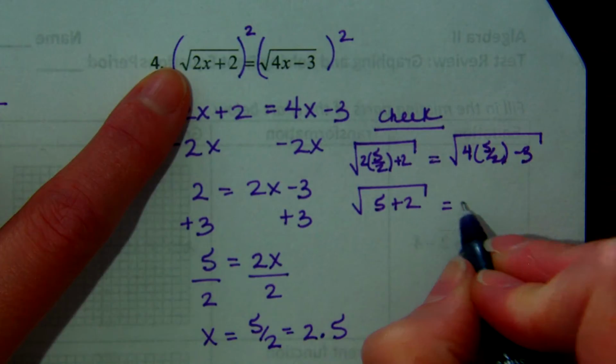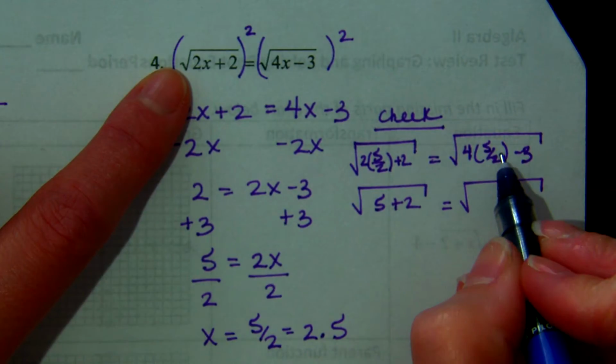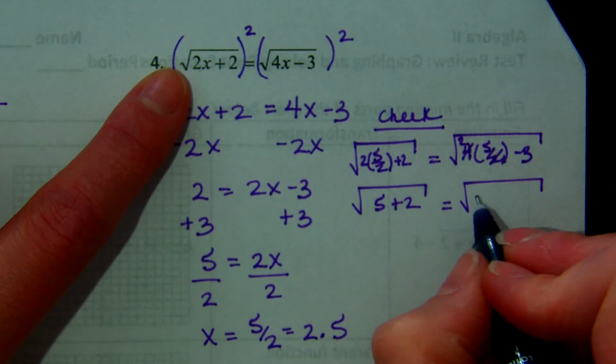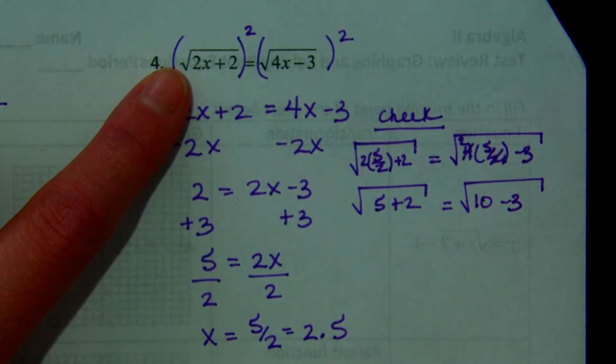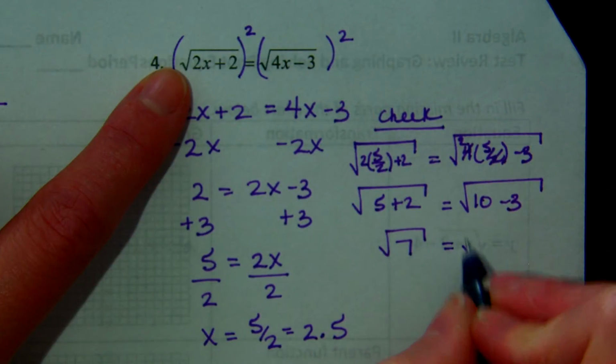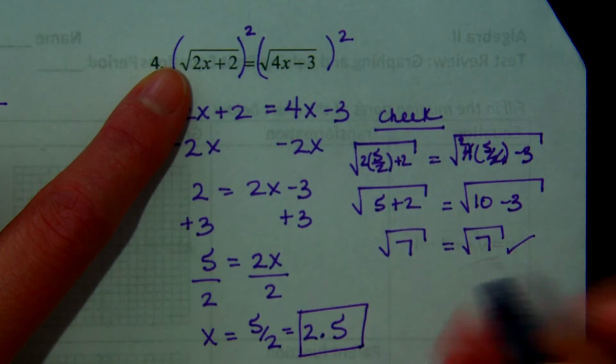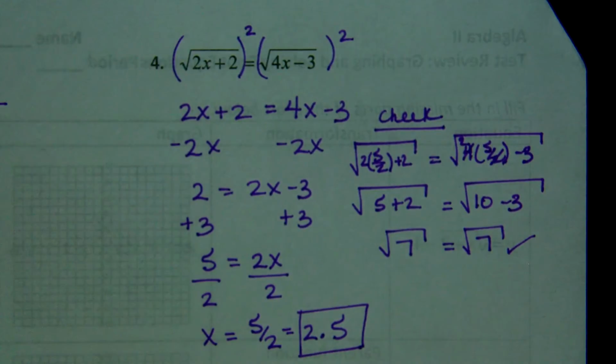Square root of 5 plus 2 is equal to the square root of 4 times 5/2. Well, that 2 goes away and that becomes 2. So this ends up being 10 minus 3. This is the square root of 7, equal to the square root of 7. I don't know what the square root of 7 is, but I know that the square root of 7 is equal to the square root of 7. They're the same. And so that checks out, and we're good. Our answer is 2.5 or 5/2.